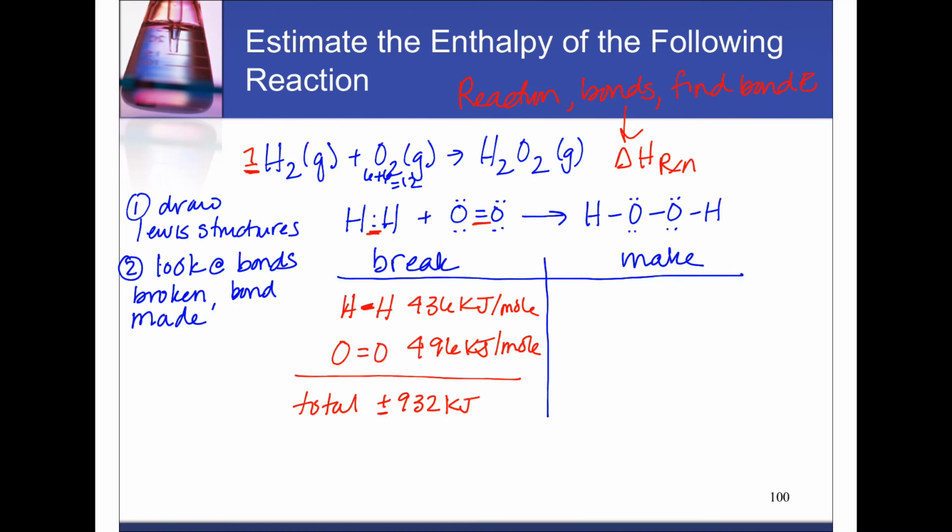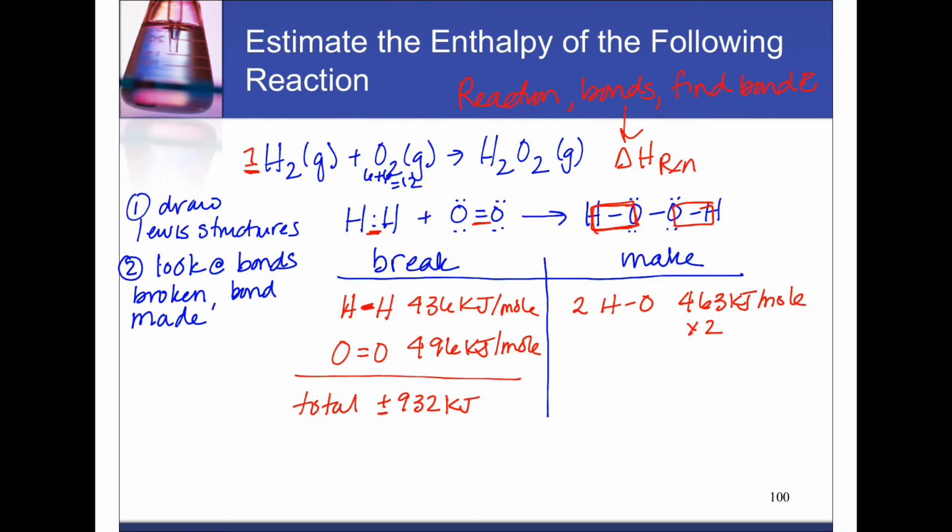On the making side, I need to make a hydrogen-oxygen bond and another hydrogen-oxygen bond, so 2 hydrogen-oxygen bonds. I looked those up. They are 463 kilojoules per mole, and I have 2 moles because I need 2 of them.